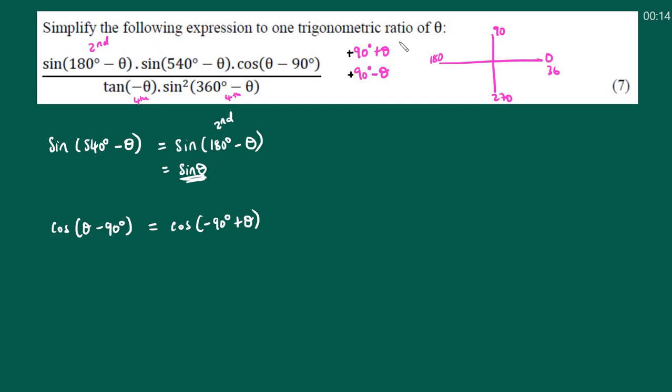Even when we're using 180, 360, we use positive 360 minus, or positive 360 plus theta. We use positive 180 plus theta, or positive 180 minus theta. So we also need to make sure that this angle is also positive. But how do we do that?